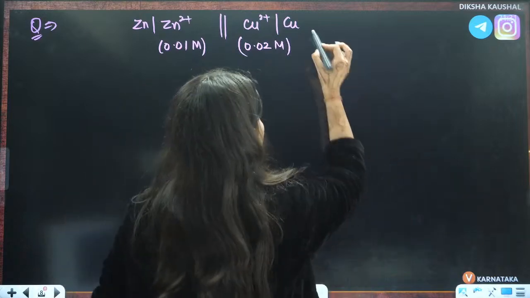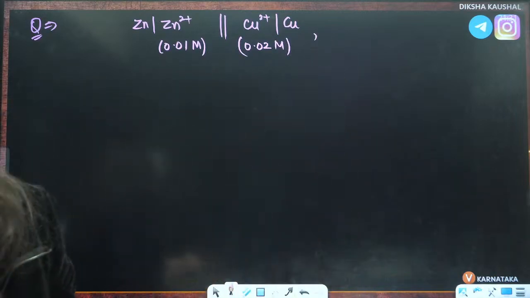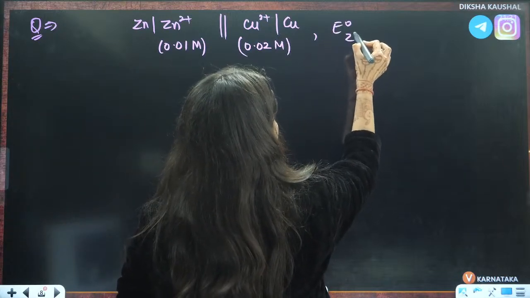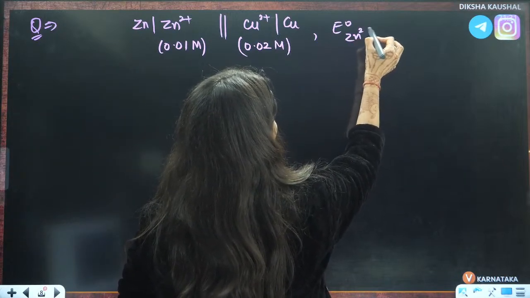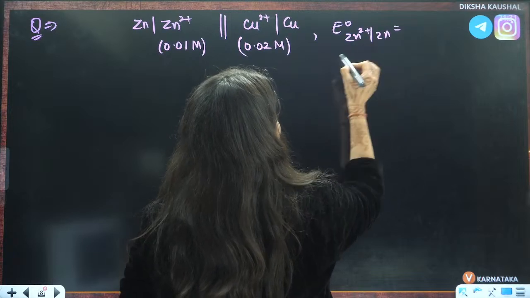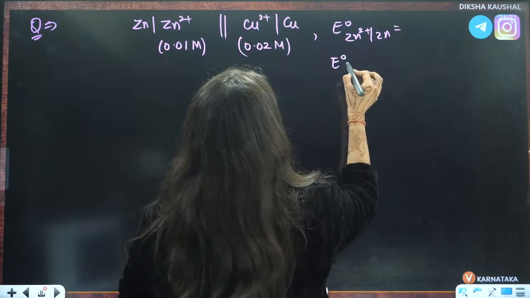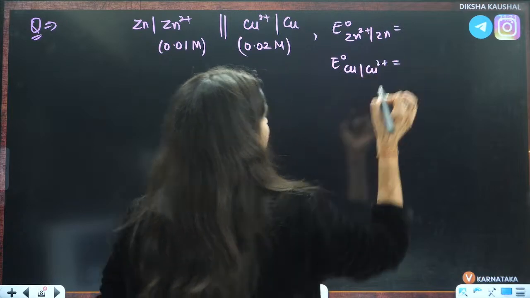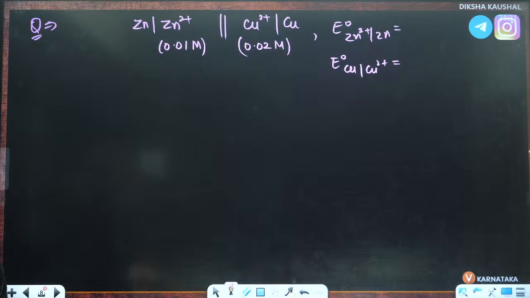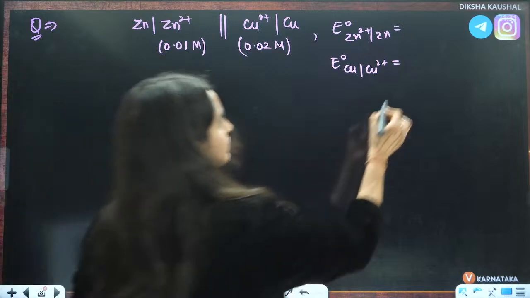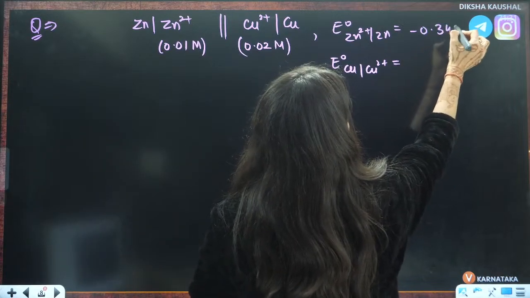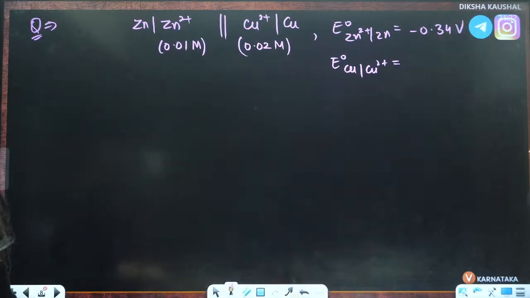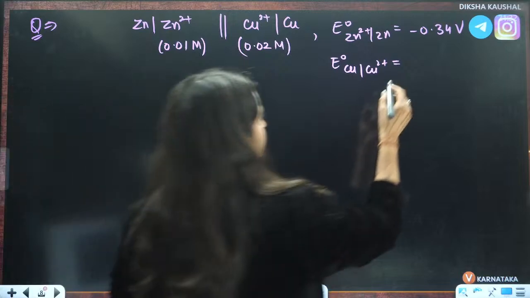They have also given that E naught of Zn2 positive to Zn is minus 0.76, and E naught of Cu to Cu2 positive is minus 0.34.